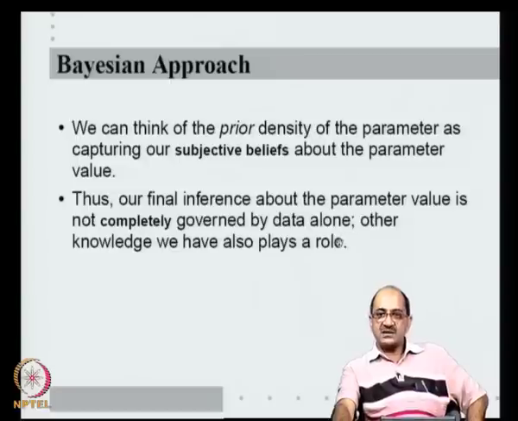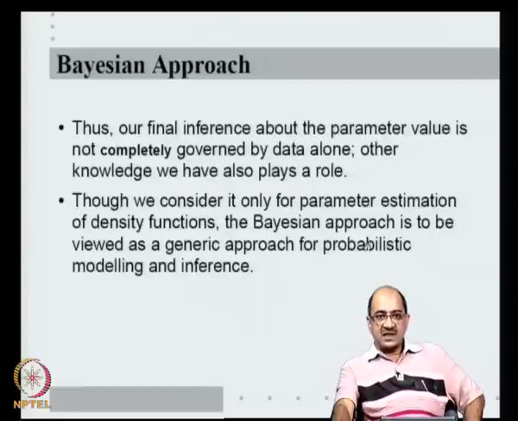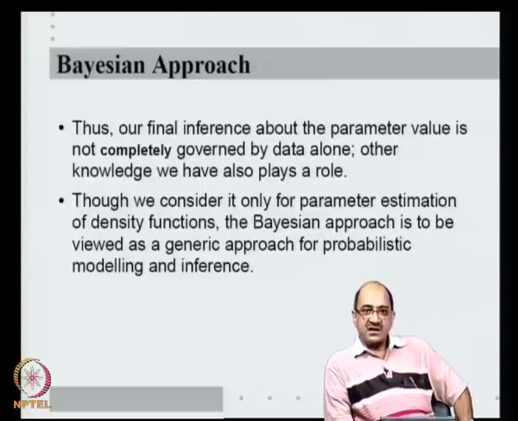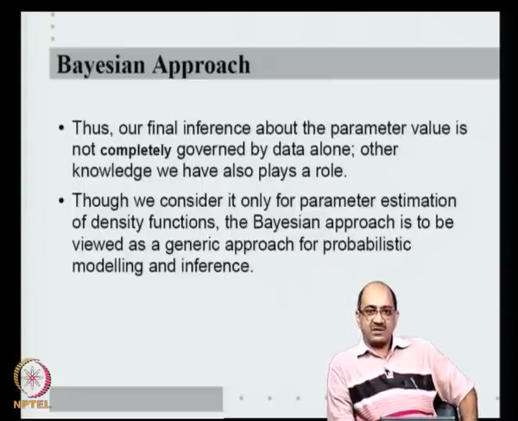So, our final inference is not completely governed by the data alone, other knowledge we have also plays a role. Though we consider it only for parameter estimation, this is an approach to probability.